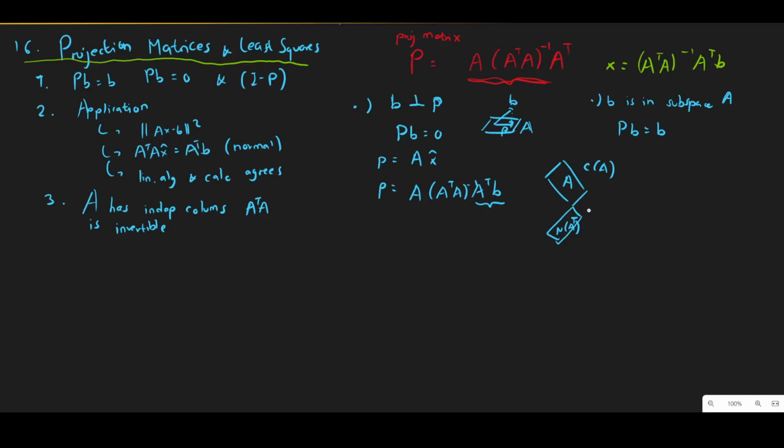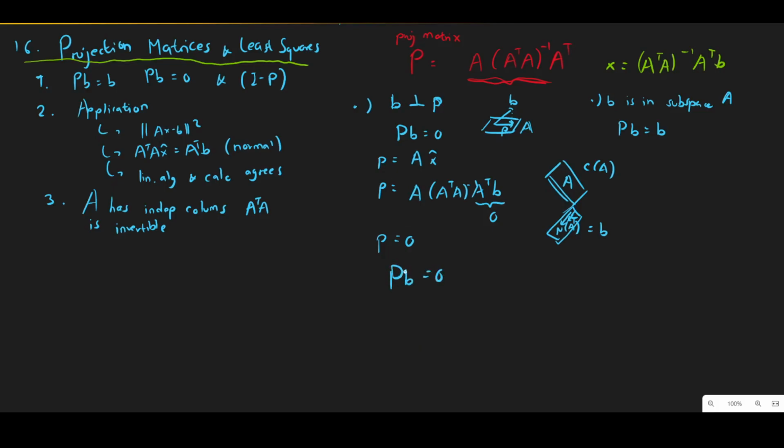So if we assume that B is perpendicular to P, and we know that the null space of A transpose is perpendicular to A, and P and A sit on the same subspace, then B is sitting here somewhere. I don't know how it looks, but it's in the combination of the null space of A transpose. So this will be 0, right? Because these are orthogonal, and the dot product of this and this will be 0. So P is 0.